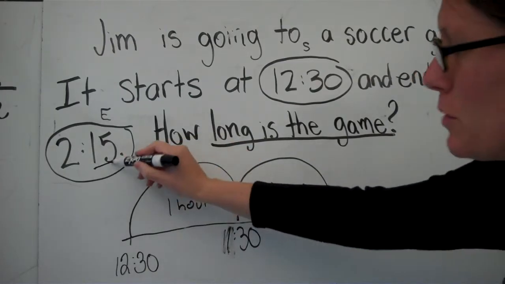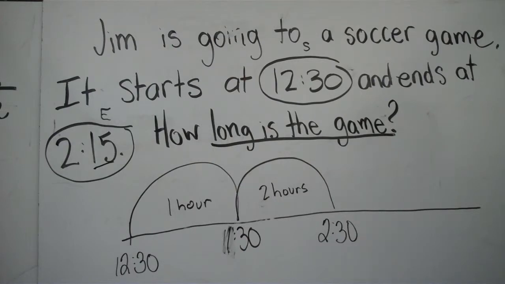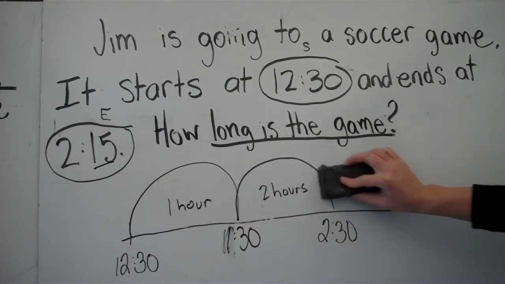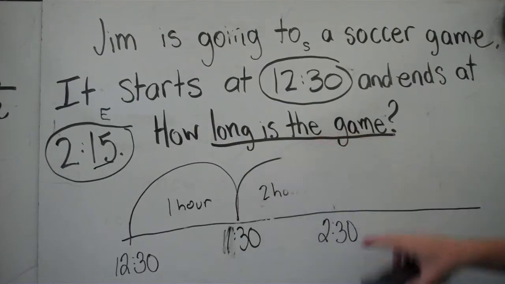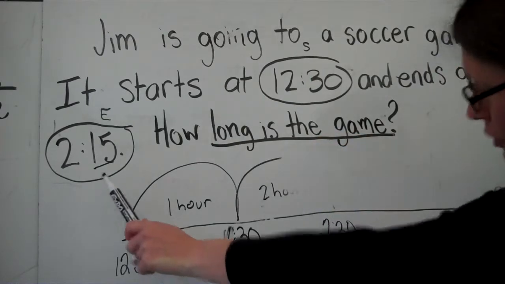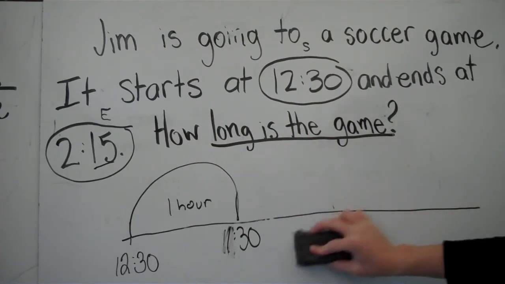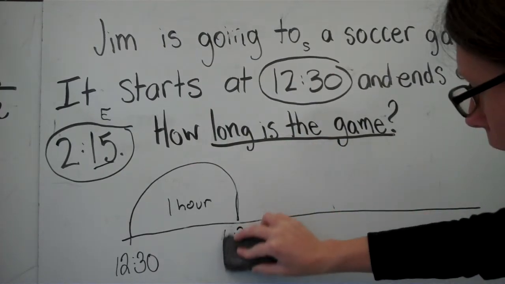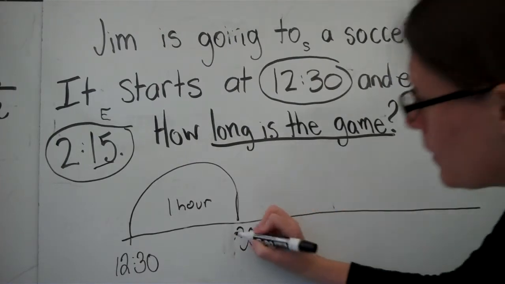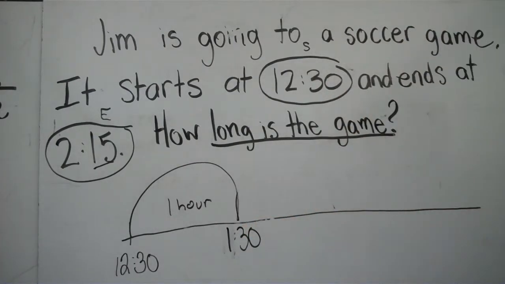But my end time is 2:15, so that doesn't work. So I can't hop that second hour. Because 2:30 is after 2:15, I'm going to start hopping by minutes. And when I hop by minutes, I'm hopping by 5 minutes.